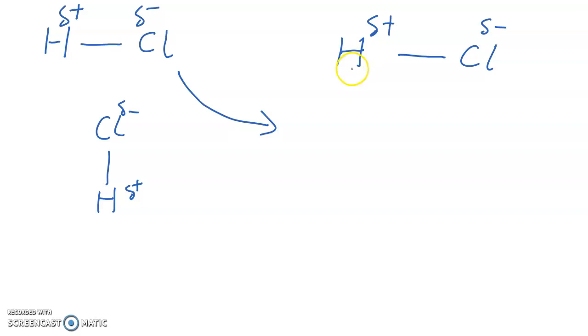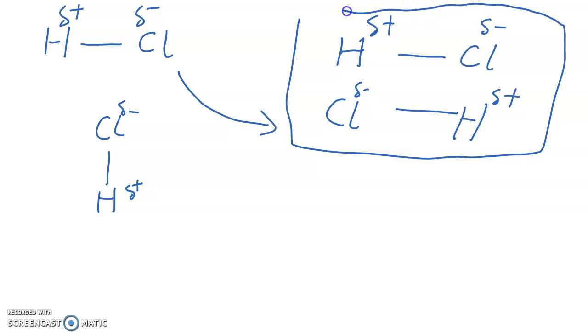It will be very easy for this positive to get attracted to the partially negative, and this partially negative to get attracted to the partial positive. In this case, the positive is closer to the negative because they attract each other, so this way they will be happy.